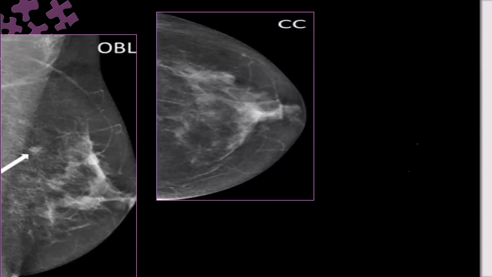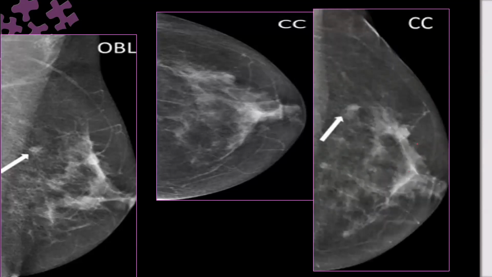So let me show you the extended lateral view. Is it an extended lateral view or a CC view? What do you think? It is a CC view. It is not extended lateral.